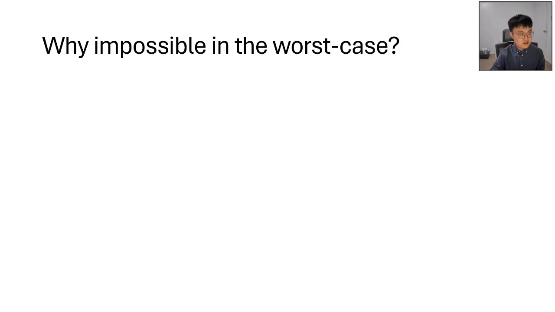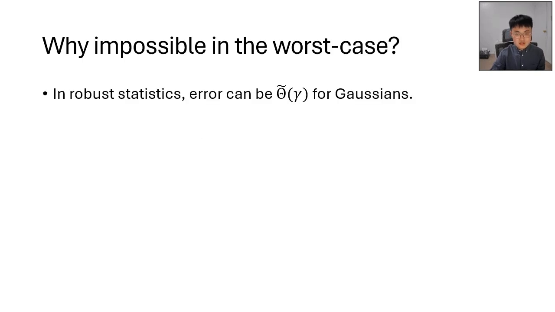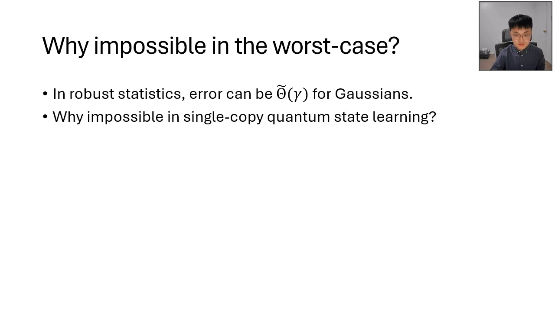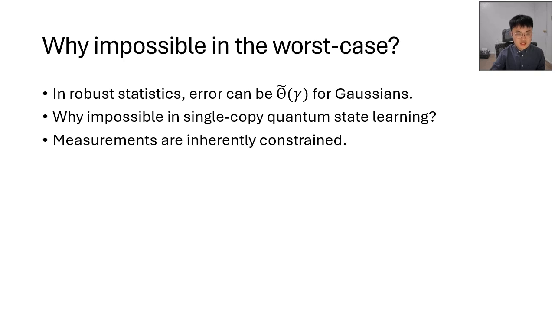Now I will introduce the idea in the proof. So why is it not possible in this case? For those of you who are familiar with robust statistics, this may be surprising because in some cases, say for Gaussians, we can actually achieve an error of gamma which is dimension independent, even though we are trying to estimate a higher dimensional distribution. But in our case, more precisely the single copy non-adaptive setting, it's not possible.